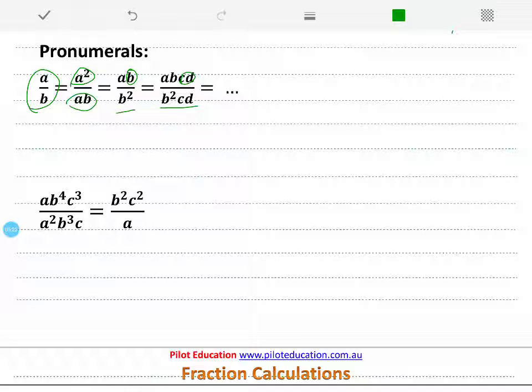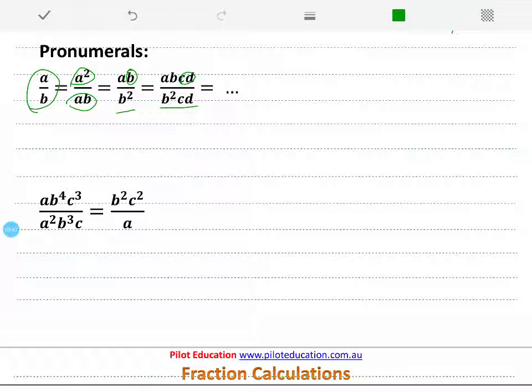The next example, we simplify the polynomial fractions. So the left-hand side of the equation is a times b to the power 4 times c cubed over a squared b cubed c. So let's find the largest common factor.